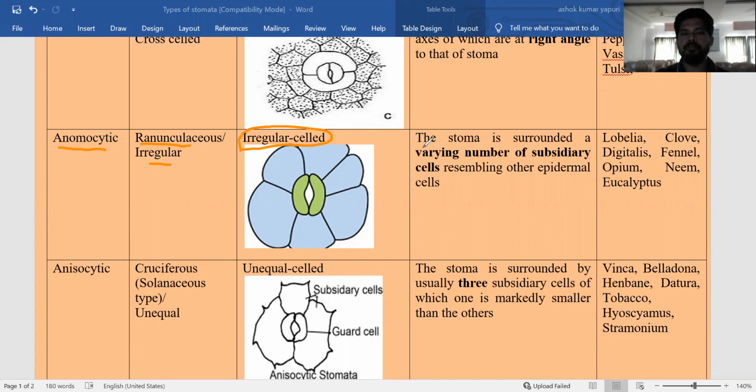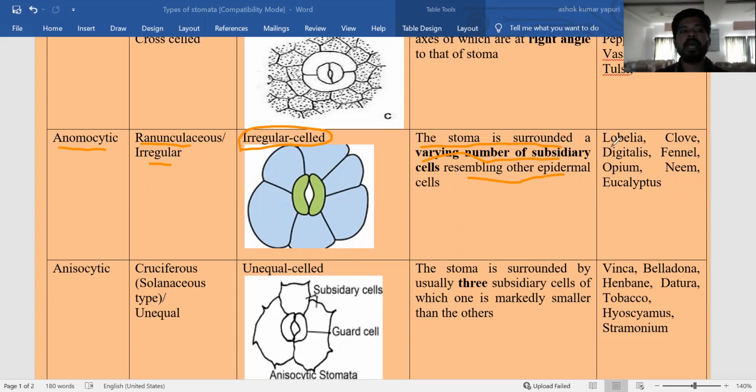Here the stoma is surrounded by a varying number of subsidiary cells resembling other epidermal cells. The examples are important for each type of stomata.